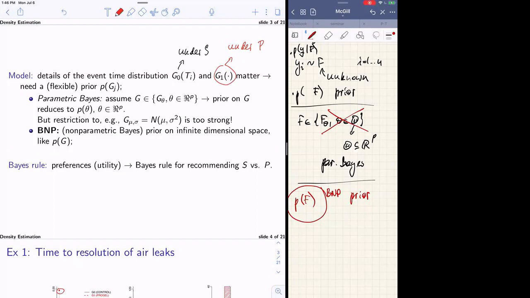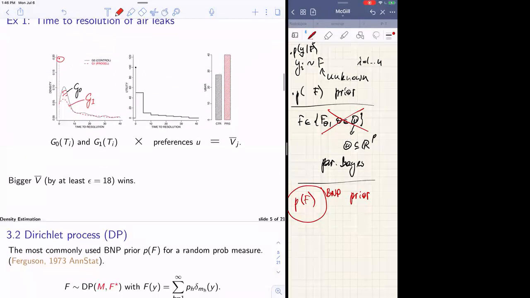If we were to use a parametric model to represent the G0 and G1, we would probably miss the point. So instead of a parametric model, we want to have a BNP prior for the red G1 and the black G0. And then there's just a footnote about statistical inference, not so much about BNP itself.